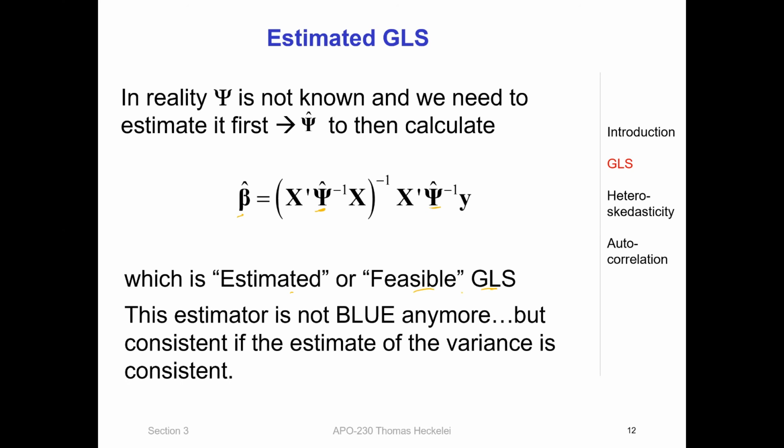Remember what consistent means? Meaning if the sample size increases to infinitely large, then we could expect that the estimated parameter will converge to the true parameter. So that is the idea behind using GLS.